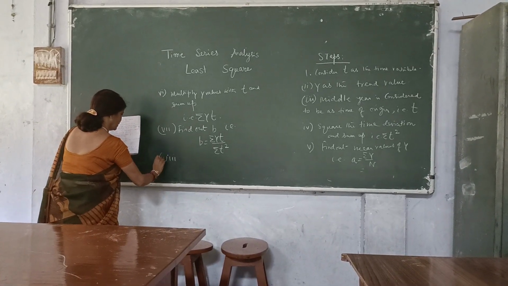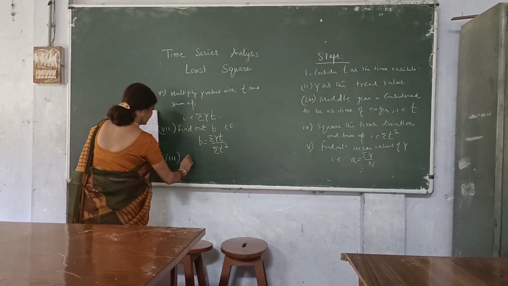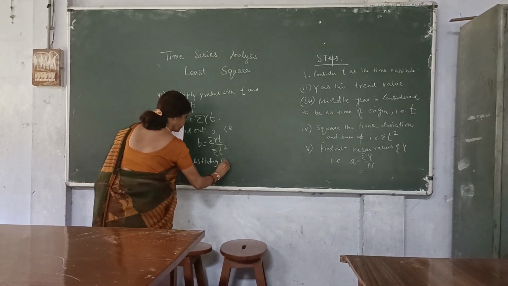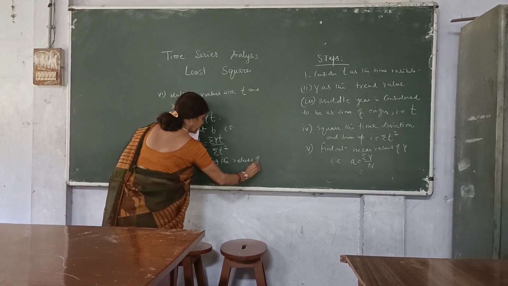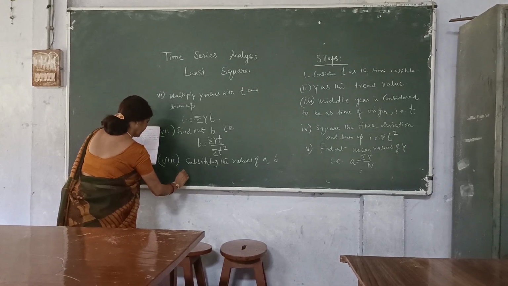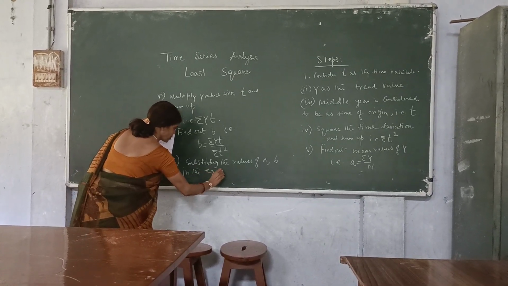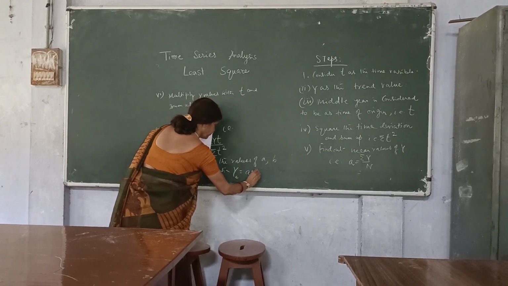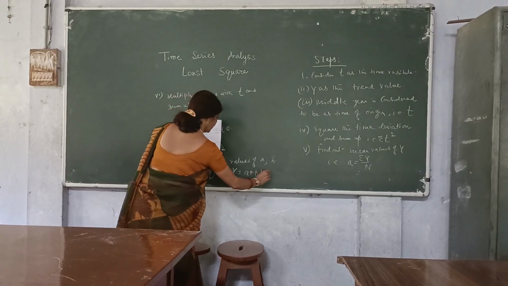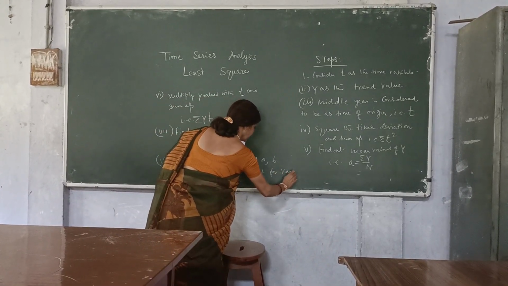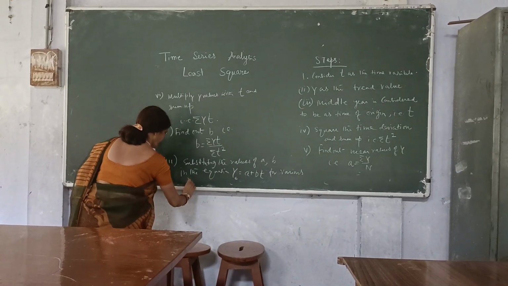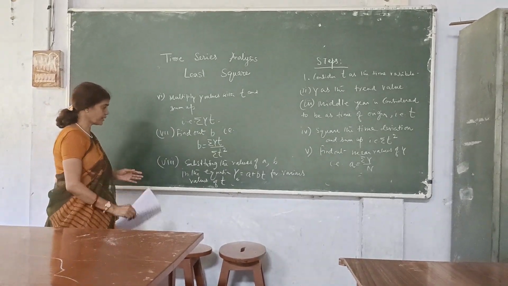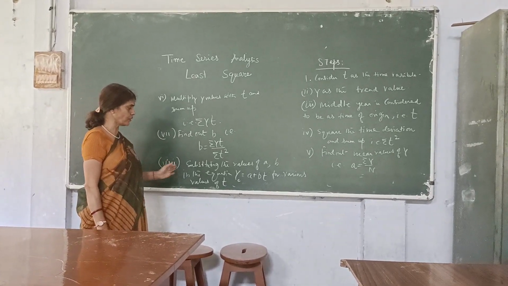Next one, substituting the values of a and b in the equation y is equal to a plus bt, for various values of t, we can find out the predicted value of y for different years.